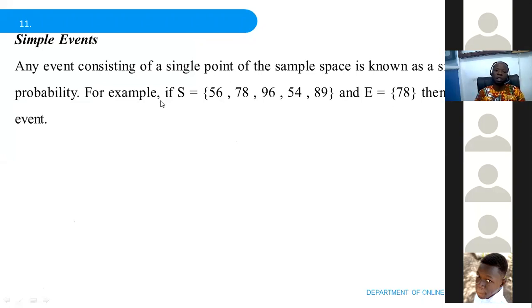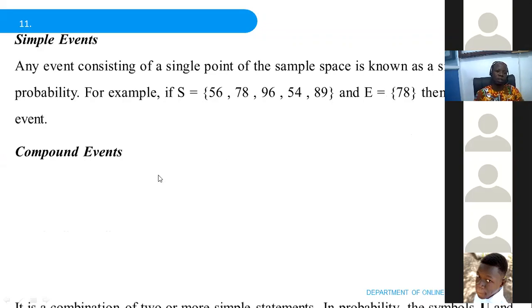For example, if I have S equal to 56, 78, 96, 54, 89, and E equal to 78, then E is a simple event, because it has only one number. The S there gives you the sample space. This is a simple event.